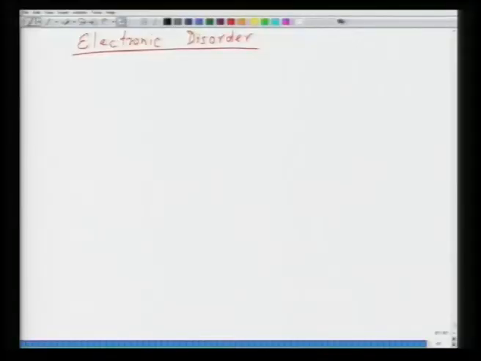Now, we will look at some of the fundamental things related to electronic disorder in the material. We have talked very briefly about electronic disorder just by writing a defect reaction. Now, unlike intrinsic point defects, which are your vacancies or interstitials, electronic defects are typically created by either thermal means or optical means, which means what happens in these materials is basically you have two types of materials.